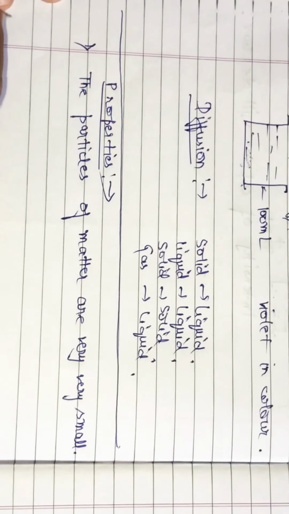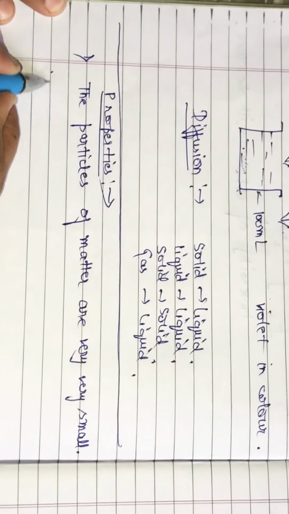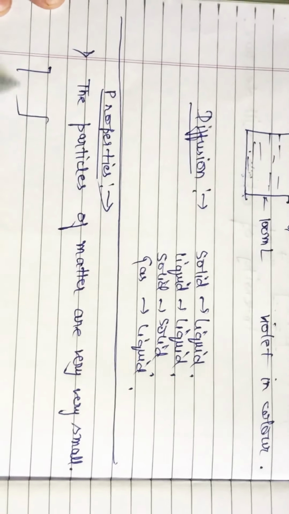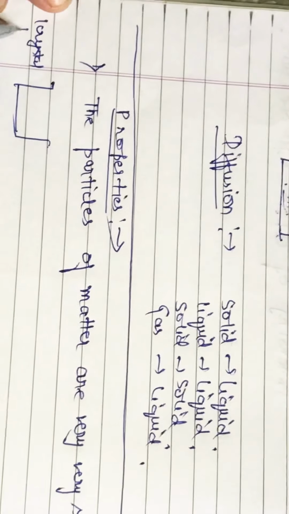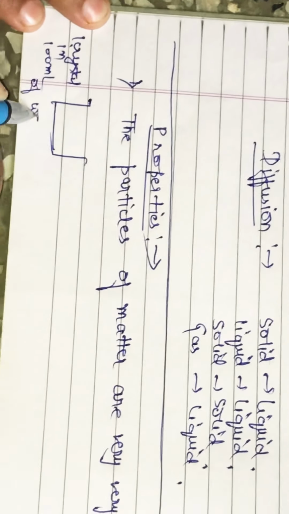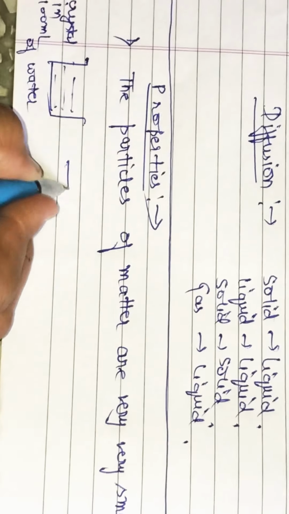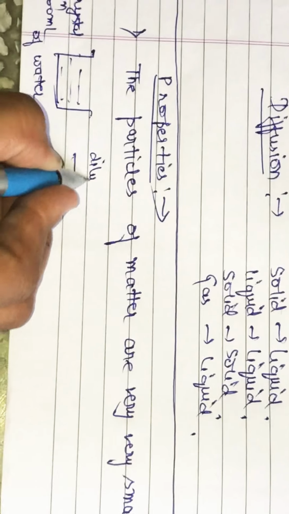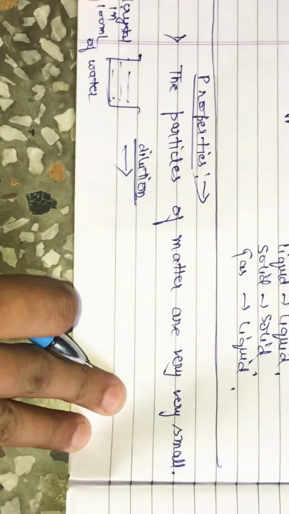So how can you tell about it? Again I will take the same example of potassium permanganate. We have added one crystal initially to 100 ml of water, right? Then what we will do now is dilution. What is dilution? It means adding water to the solution at regular intervals. How will we do it?